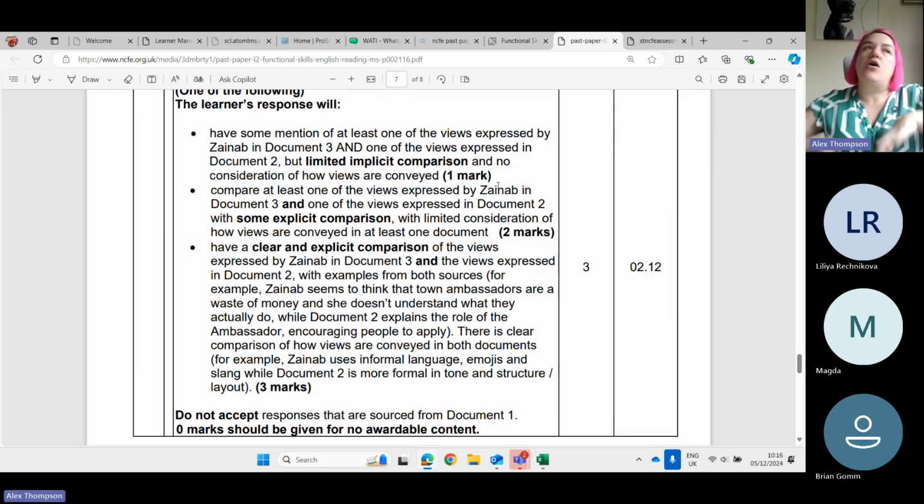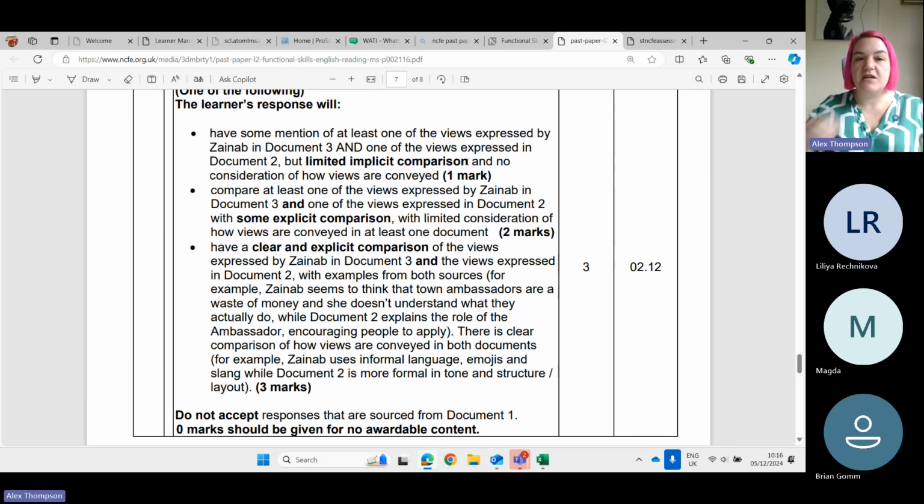Now, again, the question's worth 3 marks. We will always strive to achieve 3 marks and the highest possible in all of these questions. However, if you're given particularly complex documents, I mean, they are fairly standard across the board, but if you struggled with this question and you were only able to do a limited comparison, you would still get 1 mark. If you were able to give at least 1 view expressed by them, there we go.